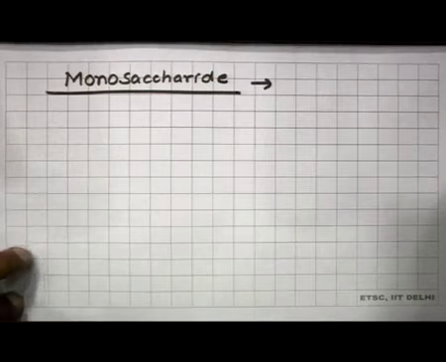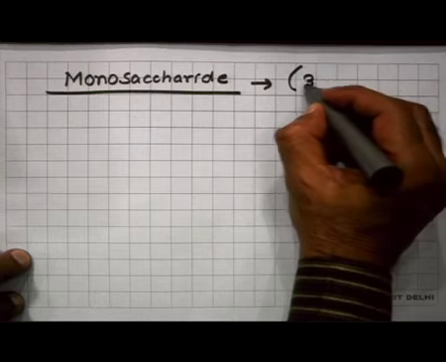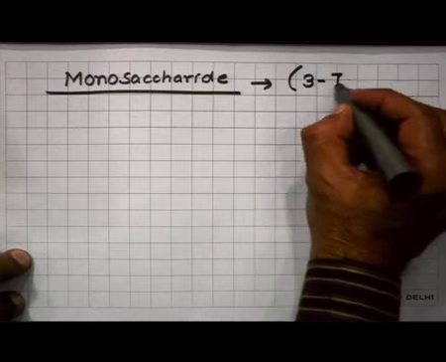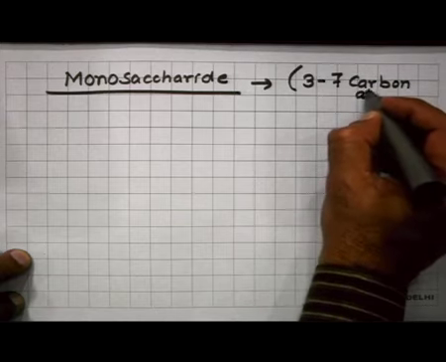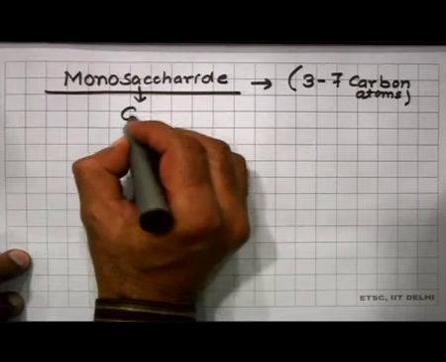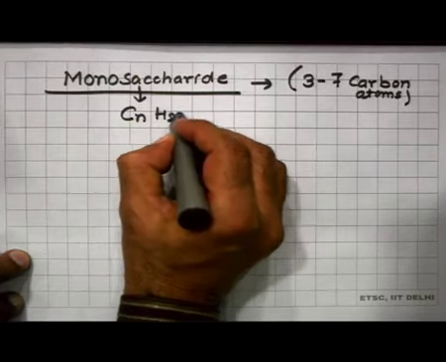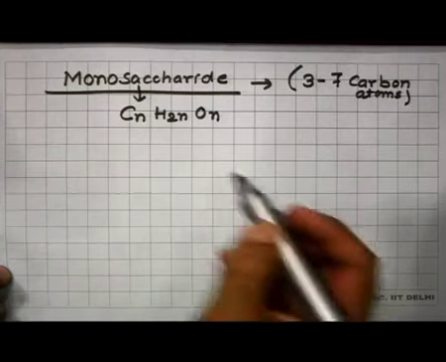As we have already discussed, after hydrolysis, it gives 3 to 7 carbon atoms, and the formula is CnH2nOn.